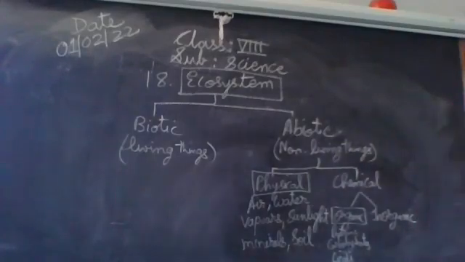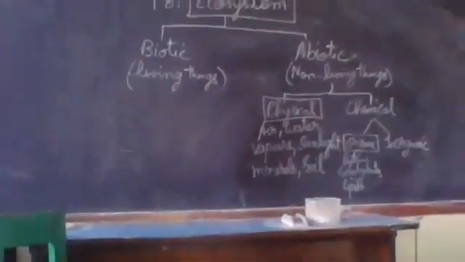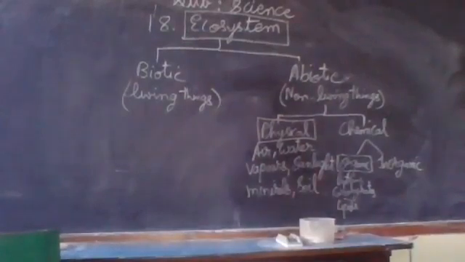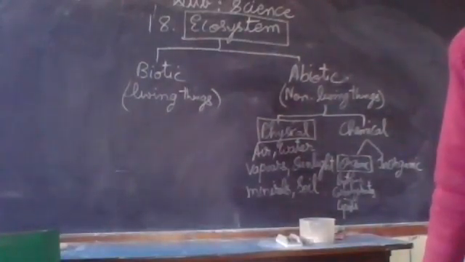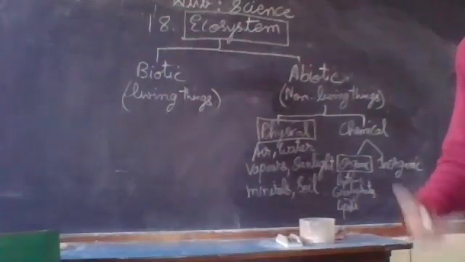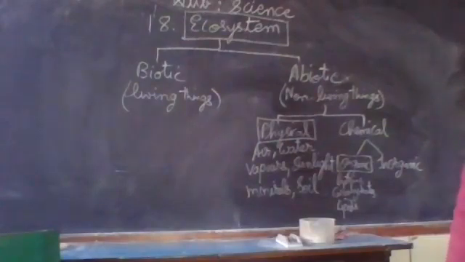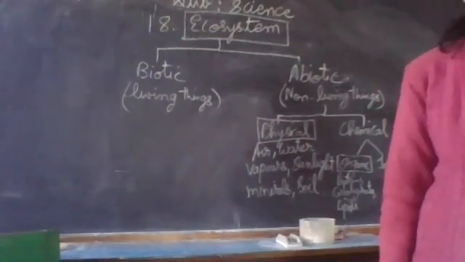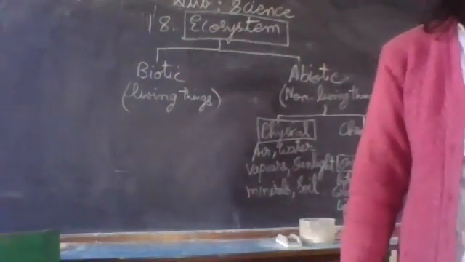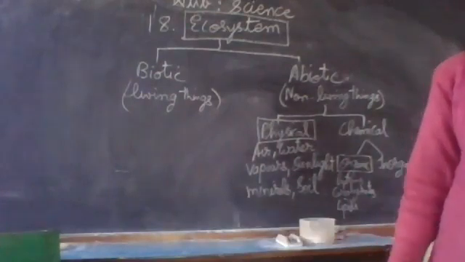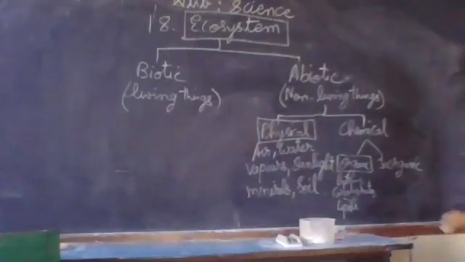Okay, but inorganic factors, if you think about, are going to be the gases in the air around us, like hydrogen, oxygen, nitrogen, as well as certain minerals that are found in the soil, like calcium, iron, potassium, sodium.